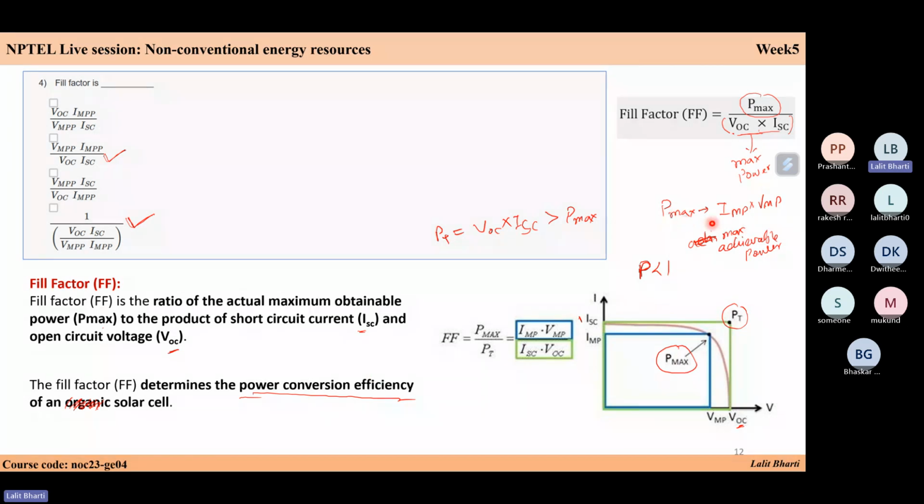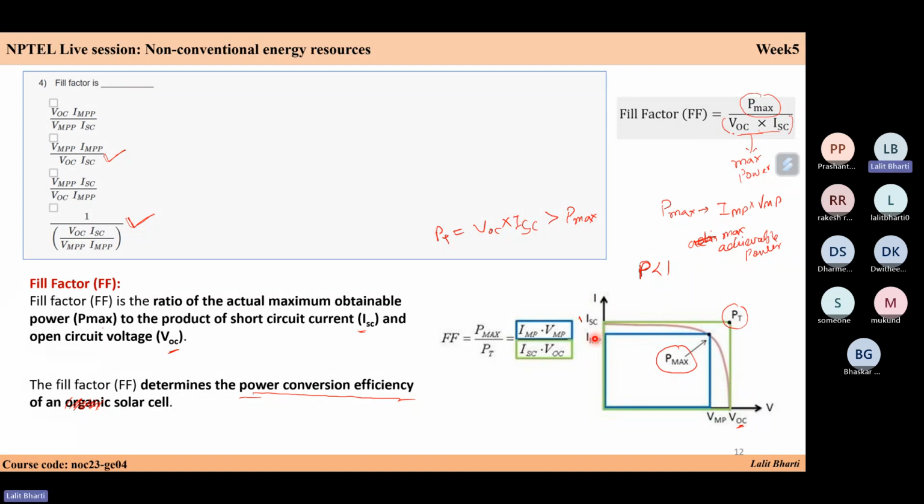So here you see Pmax is the maximum power point, and this is Pmax divided by VOC and ISC. We know that VOC is the highest point of voltage, and ISC is the highest point for the current. So this is your PT, the product of VOC and ISC, and this is the maximum power point. If you take the value of the voltage here, that will be called VMP, and the value of current here is called IMP.